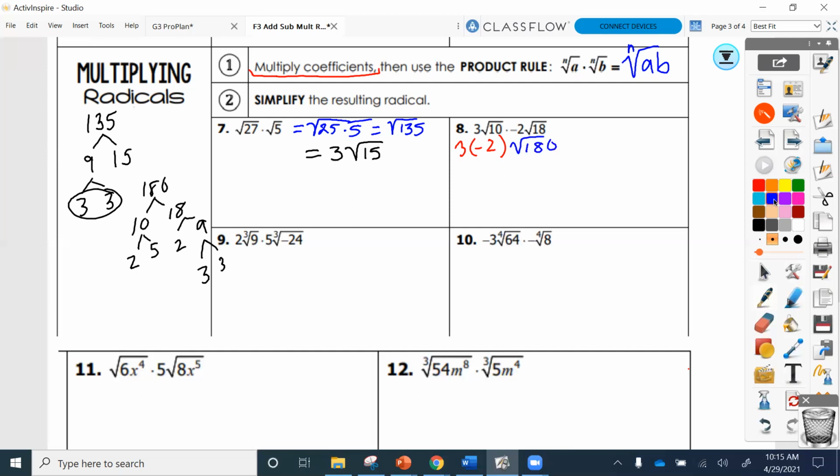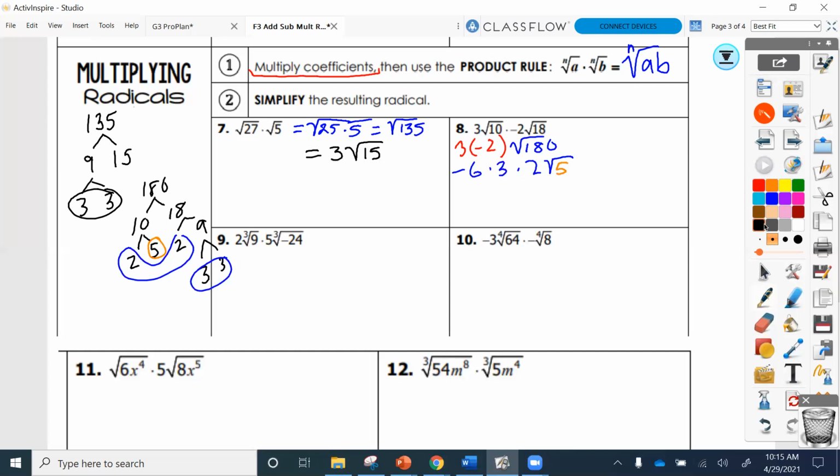So here we're going to simplify this. So we've got negative 6 on the outside. We've got a pair of 3's and a pair of 2's. So we bring a 3 out and a 2 out. But we're left with this 5 all by itself. That has to stay under the radical sign.